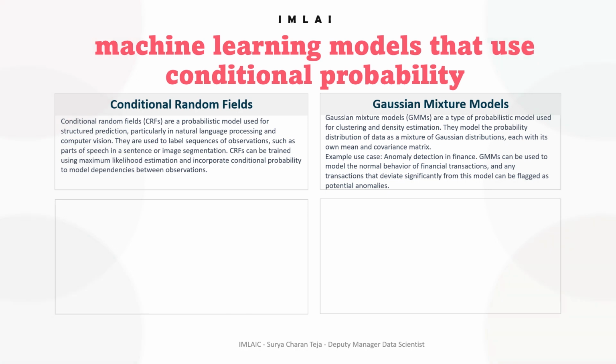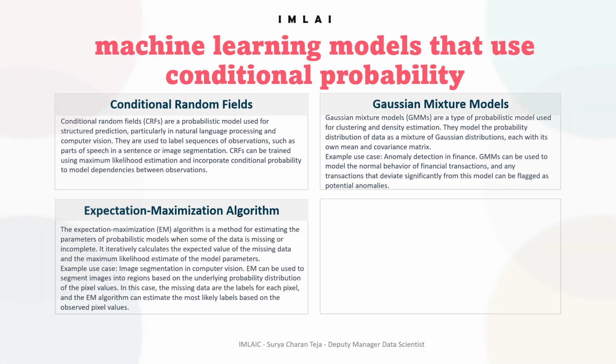Okay, so the next one we have here is the expectation maximization algorithm. What is that? It's an iterative algorithm used to estimate the parameters of models that involve latent variables, such as Gaussian mixture models, using conditional probability.